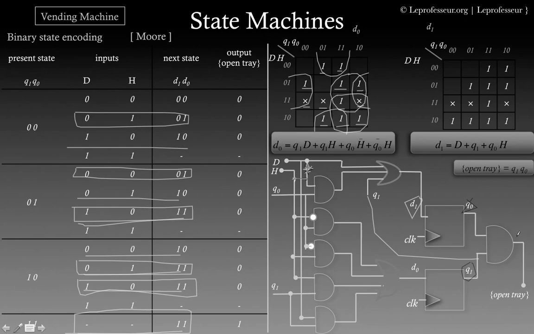Now notice here that the output is now using a combinatorial block, which is an AND gate. If you are using this output within the same clock domain, it's okay, but if you are sending this signal from this clock domain to another clock domain, you must synchronize this signal. How?